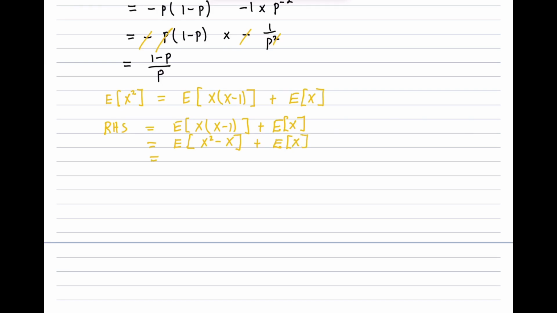And this, of course, simplifies down because the expectation of a difference of two random variables is just the expectation of the random variables subtracted from each other.